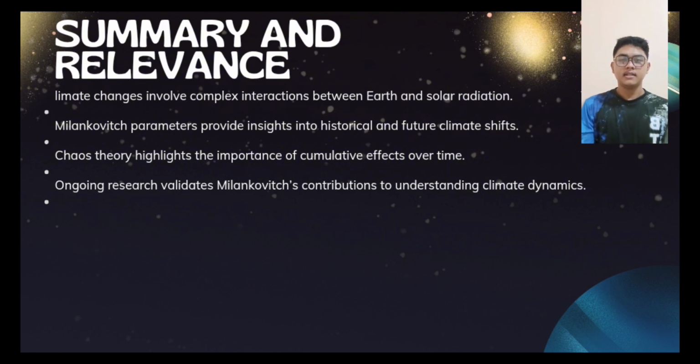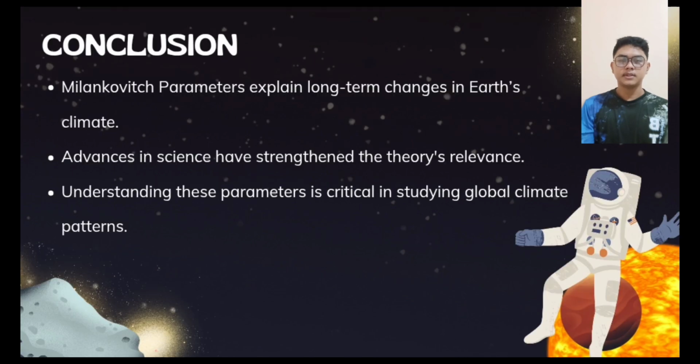Now, let's go to the conclusion. Milankovitch parameters explain long-term changes in Earth's climate. This highlights that the variations in Earth's eccentricity, tilt or obliquity, and axial wobble or precession drive natural climate cycles over tens of thousands of years.